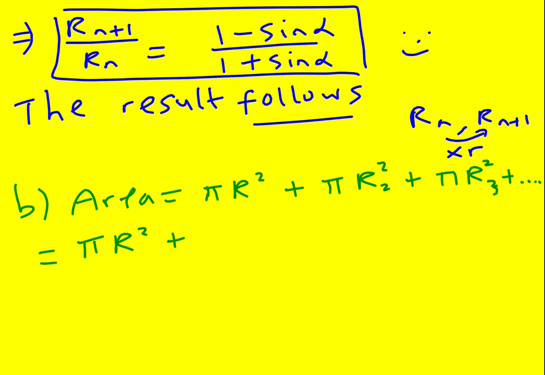Remember, that was the sequence for the radii, and now we've got the radii squared. So the next one is going to be r, but then we need to times that by 1 minus sine alpha over 1 plus sine alpha. But then we need to square the whole thing. And what that's going to mean is that we square the r and we square this factor.